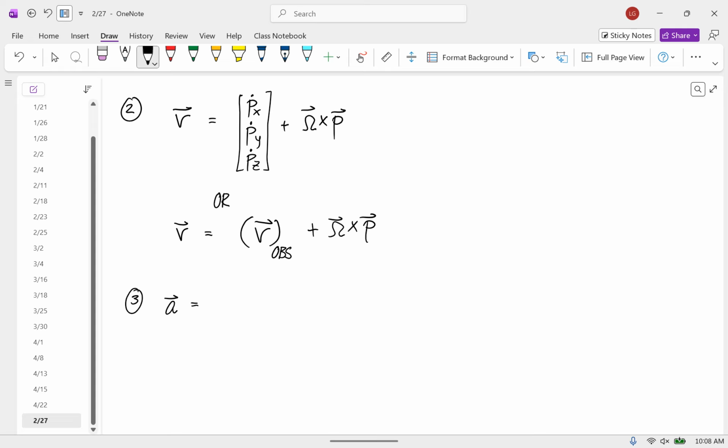And when you reorganize it and everything, you get px, py, pz all double dotted. Plus the angular velocity of the coordinate system dot. So that's the angular acceleration of the coordinate system, crossed with the position vector.